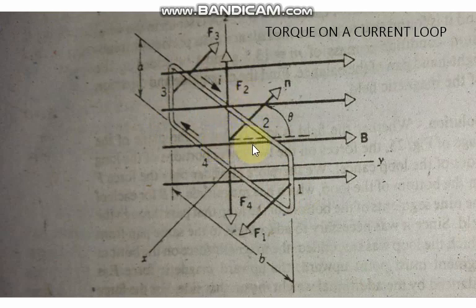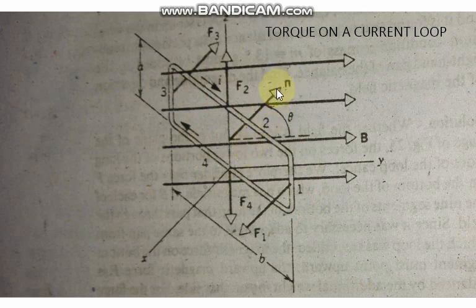Now the plane of this loop is vertical, and this is the unit normal n, which is the outward drawn normal to the right face. This is the left face facing towards this side, and that face which is facing towards the right is the right face, and this is the normal n to that right face, outward drawn normal, which is determined by the right hand rule.